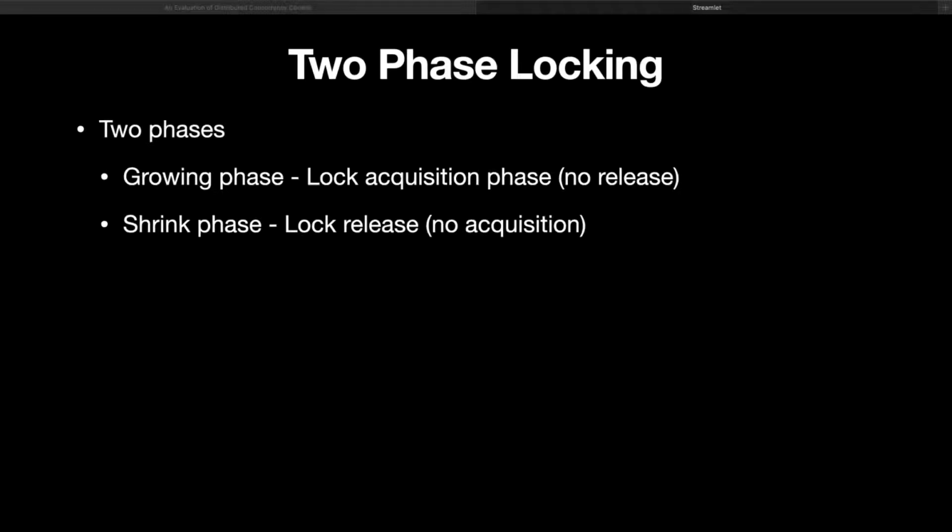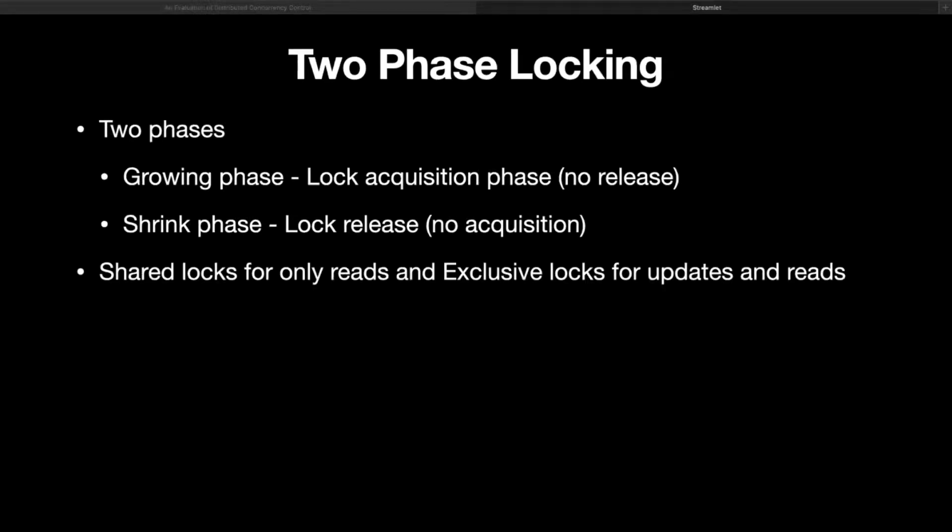In the next phase, the transaction starts releasing locks. Once a transaction releases one lock, it automatically enters the shrinking phase, and at this point it can no longer acquire any new locks. It also categorizes these locks.